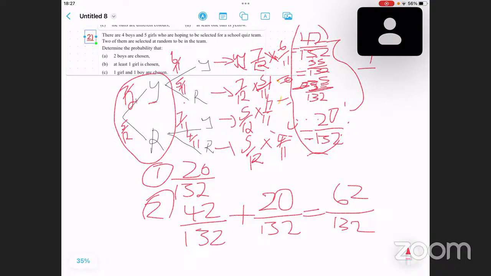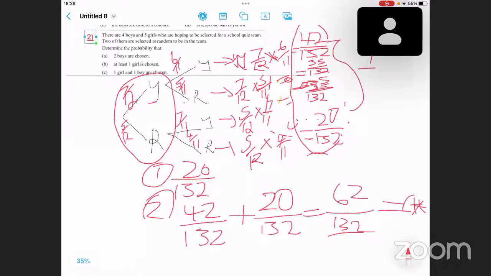Okay, now the answer is 62 over 132. If you want to simplify the 62 divided by 132, this is where you do it, but you have to show the 62 over there, and then you can simplify it. Whatever you get on your calculator, you may write it here.